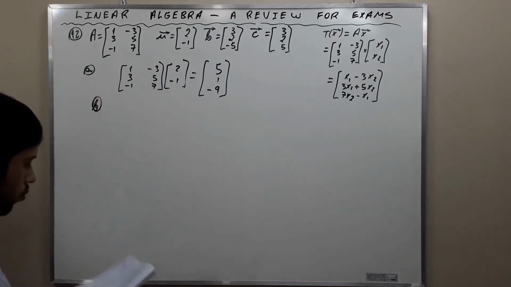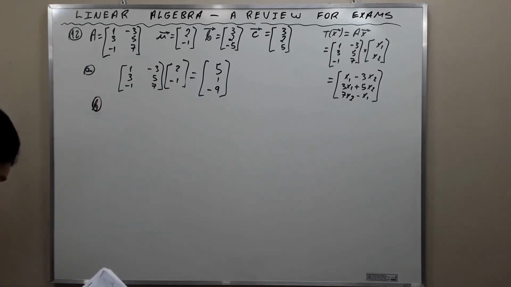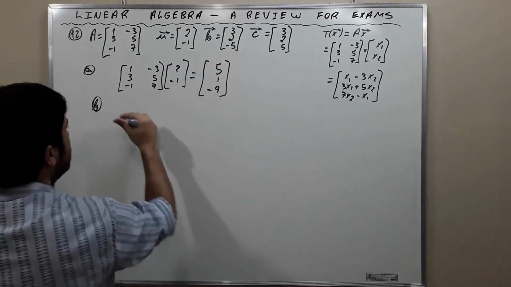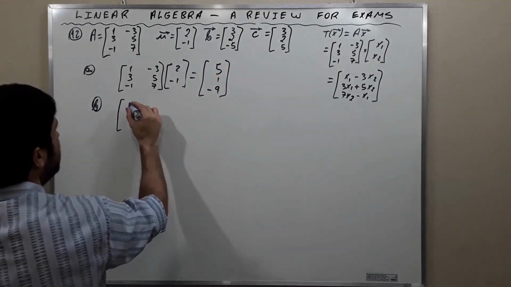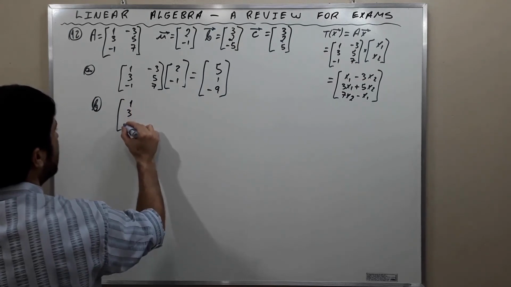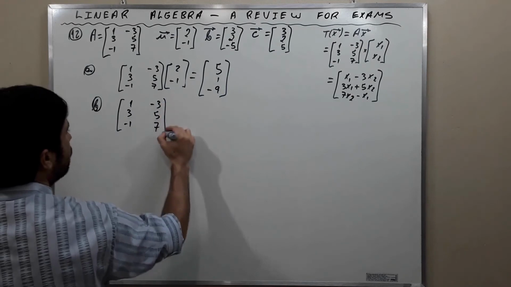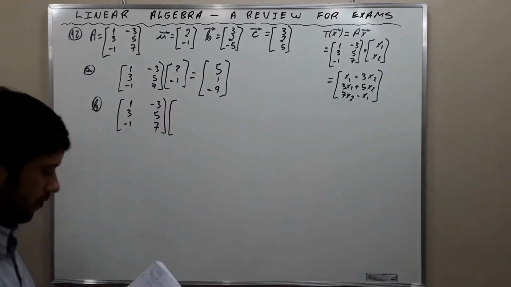Letter B, we want to find an X, okay, a member of the domain, whose image is B, okay? We want the image to be B. And we are going to apply the transformation to a vector, any kind of vector.